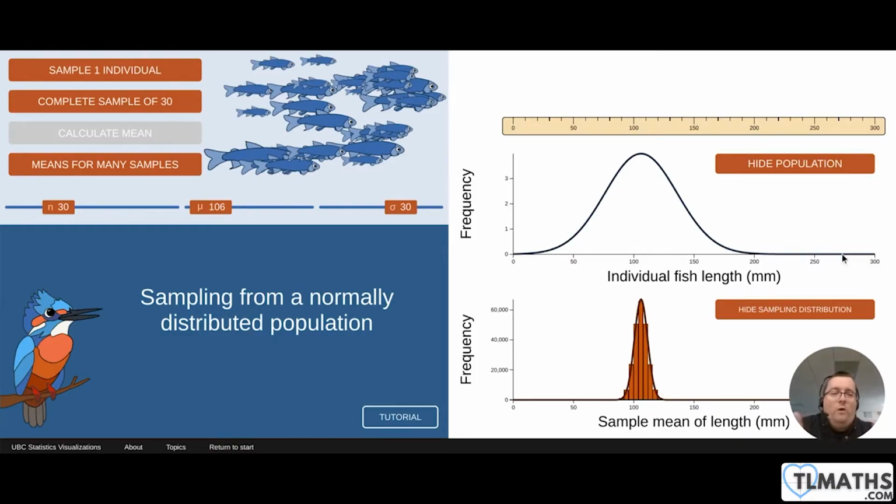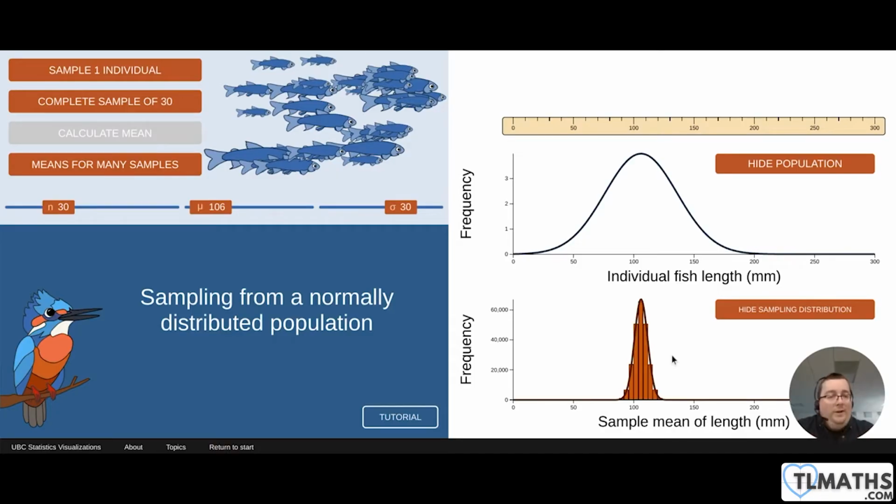So, don't worry about the relative heights of these, but notice how my sample means distribution, the one at the bottom, is much thinner. It's thinner than it was last time. So the larger the sample size, the thinner it is.